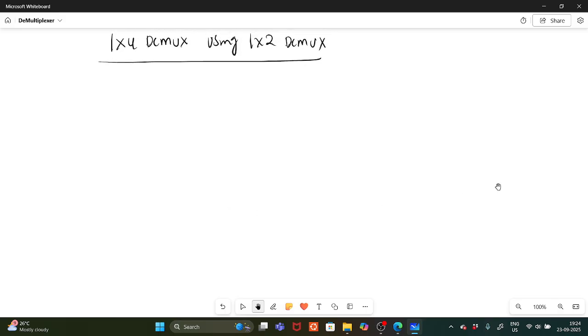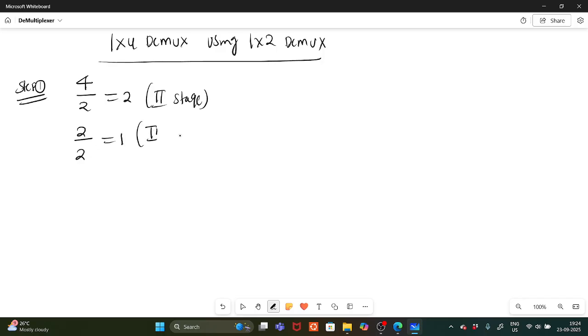Here the higher order demux is 4. So 4 by 2 gives 2, which you will get in the second stage, and 2 by 2 equals 1, which you will get in the first stage.